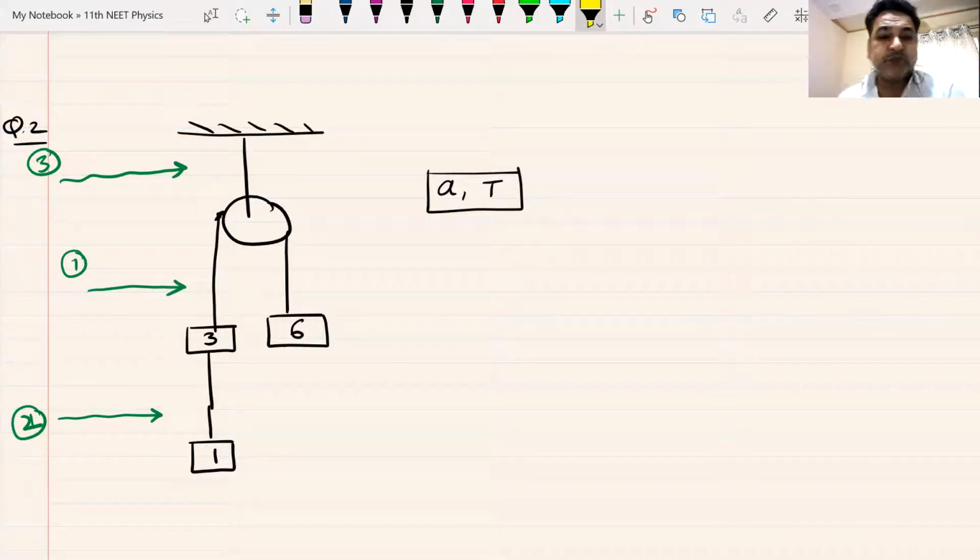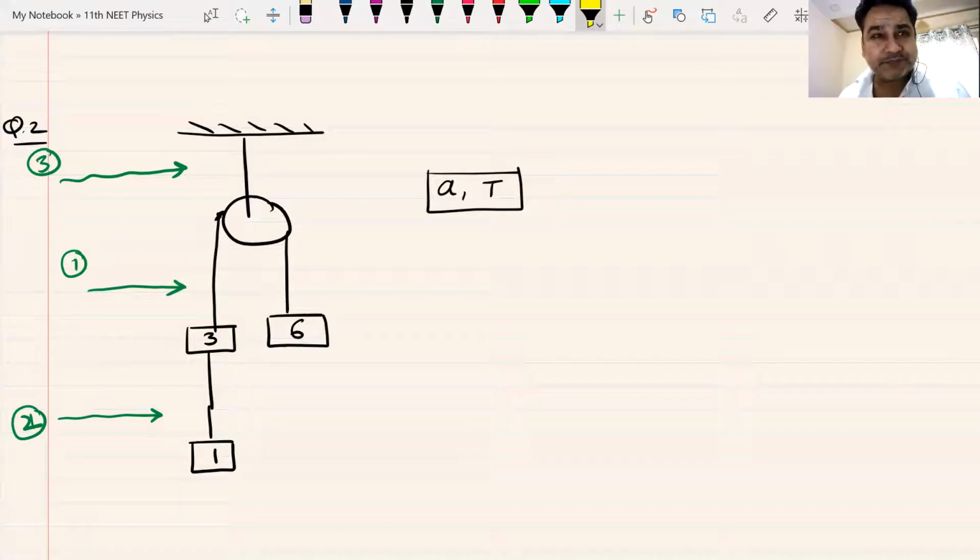Okay, let me start with my thing as well. Step number 1, draw a sketch. Sketch is there. Step number 2, isolate all bodies. Isolated. I'll probably isolate one more if I feel so.